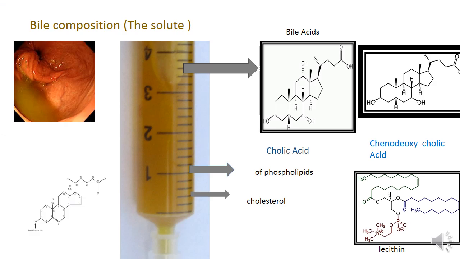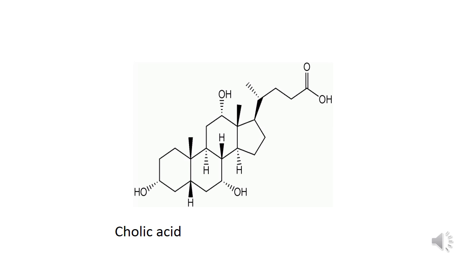Now after the solvent, let's see the solute component of the bile. So the bile has bile acids, for example cholic acid and chenodeoxycholic acid, and it also has phospholipids such as lecithin, and it has cholesterol as well as its solute component. Now for those who want to see all the solute molecules a bit more closely, this is cholic acid, which is an example of the bile acid component of bile.